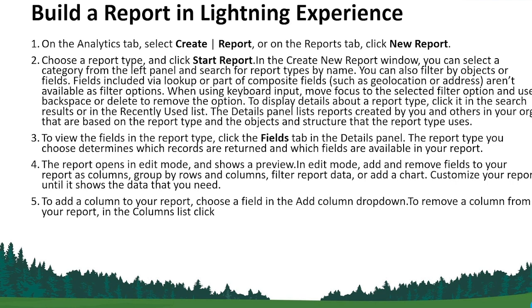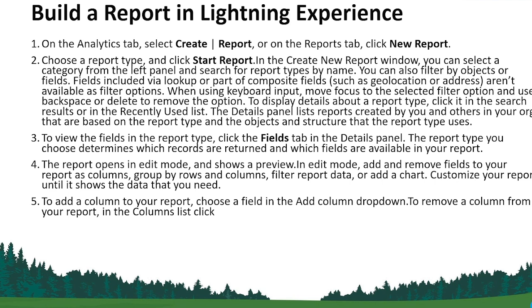From this you will select the category that is available on the left pane and search report types by name. You can also apply filters on the fields of the objects that were custom created. Then you are also using the composite fields, meaning fields that are not available in the filter options. You have already created certain fields, that is the address, the location, any other things that you have custom created.